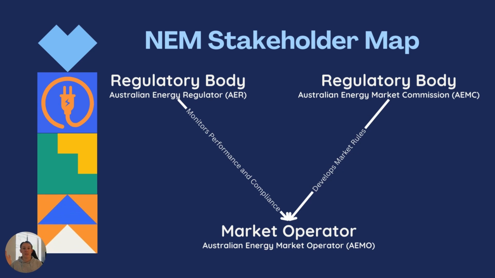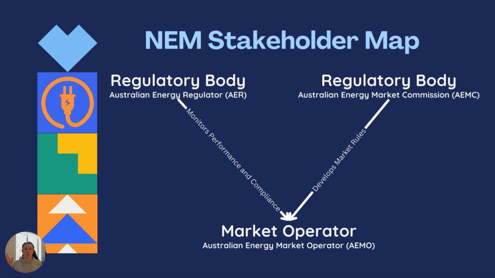All right, so let's first define our key stakeholders before we get into the roles and responsibilities. In the NEM, there are 2 regulatory bodies, the Australian Energy Regulator and the Australian Energy Market Commission. And there is only one market operator, being AEMO, the Australian Energy Market Operator.